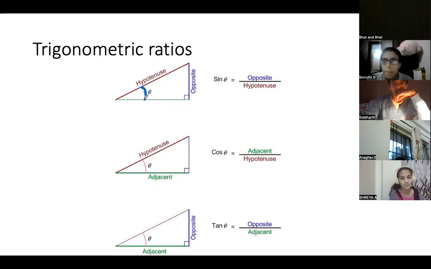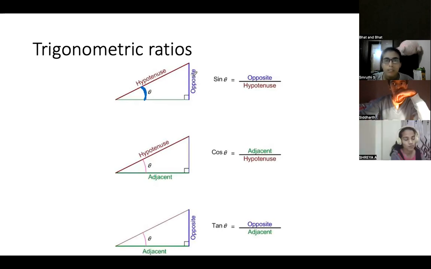To this angle we are going to write the trigonometric function ratios. Here this angle we have given some names. So this is to be read as theta.